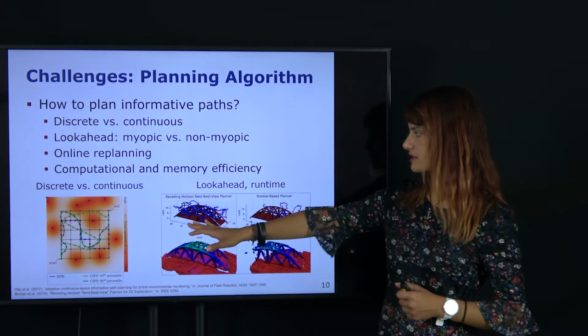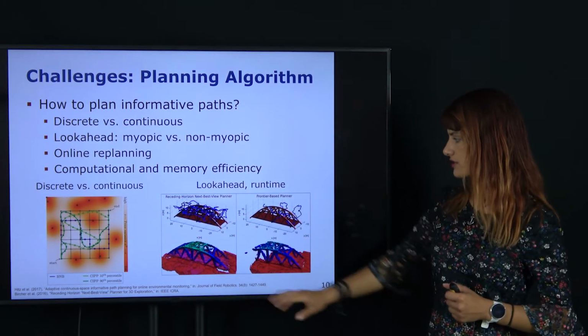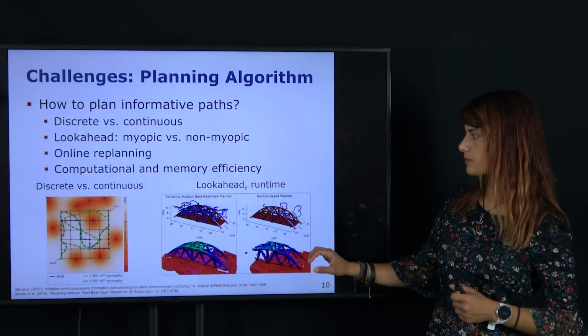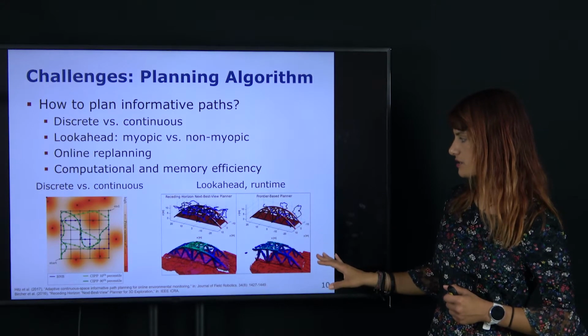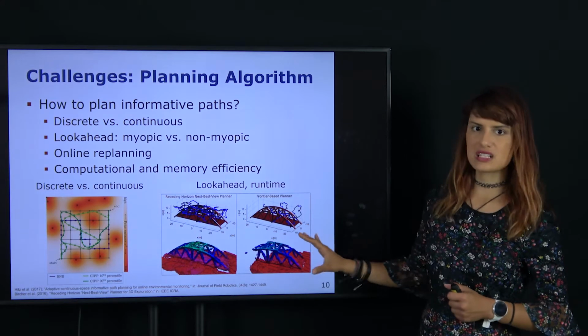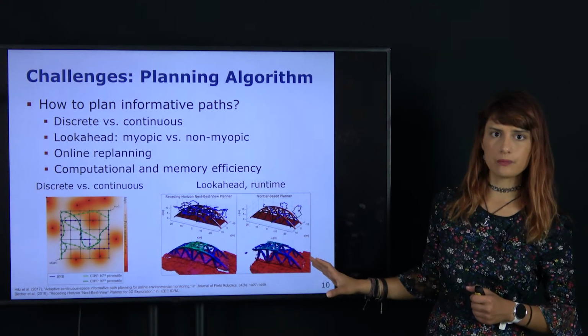On the left is a next best view sampling based strategy, as we said. On the right, a simple frontier based planner which implements a myopic greedy exploration strategy, just going to the next best possible waypoint to see as much of this bridge as possible.